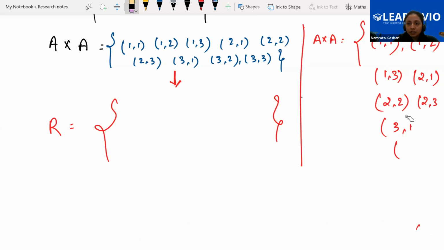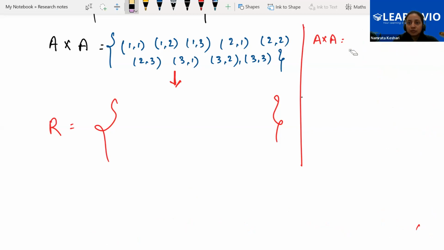From the above Cartesian product of A cross A, which ordered pair can we pick so that the first element is smaller than the second element? Are you getting it? 1 with 2 we can take. 1 with 3 we can take.